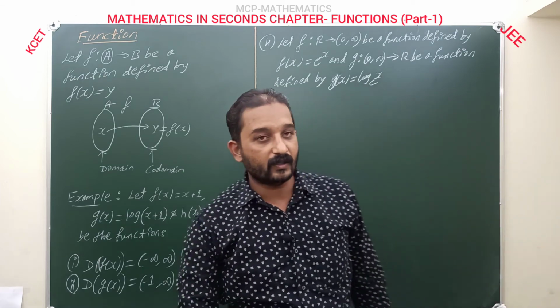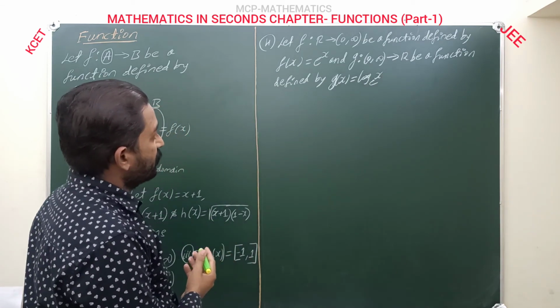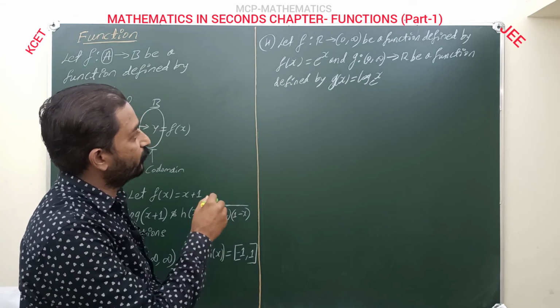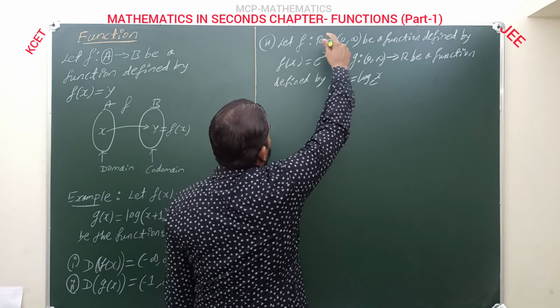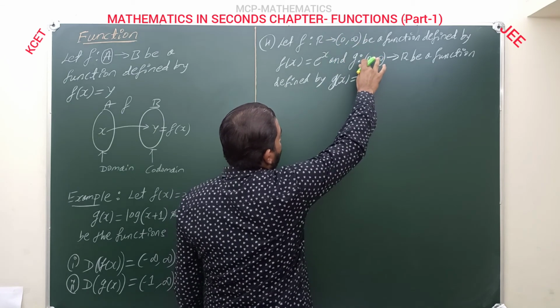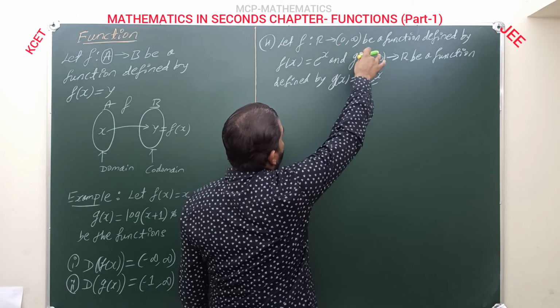Now we have to find the composition of the functions. In this case g composition f is defined, because the codomain of f is equal to the domain of g. Hence g composed with f is defined.